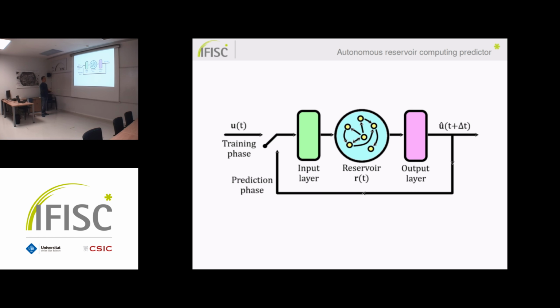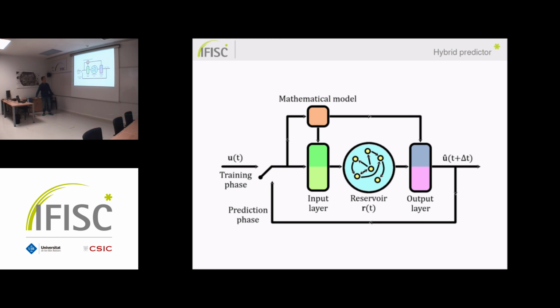And we do the same computation of parameters here, and when we run out of time series, then to do prediction we use a feedback loop of the reservoir output as the reservoir input. And then the hybrid model, which is a modification of the previous one, in which we include an approximate mathematical model.